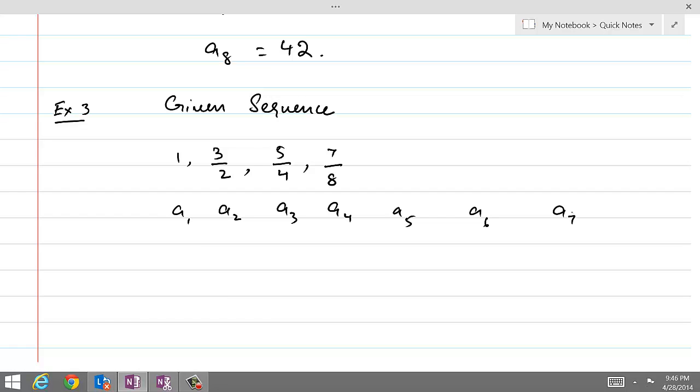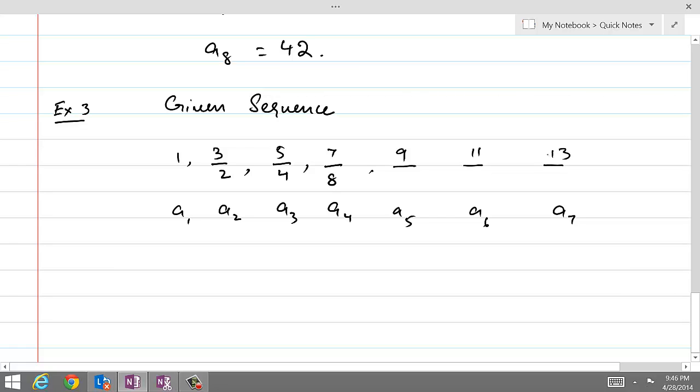Let's take a closer look at the terms of the sequence. In the numerator, there are odd numbers, 1, 3, 5, 7. So if we want to write down the 5th term, it is going to have 9 in the numerator. The next term is going to have 11 in the numerator. The next term is going to have 13 in the numerator, because this is the sequence of all odd numbers, 1, 3, 5, 7, 9, 11, 13.